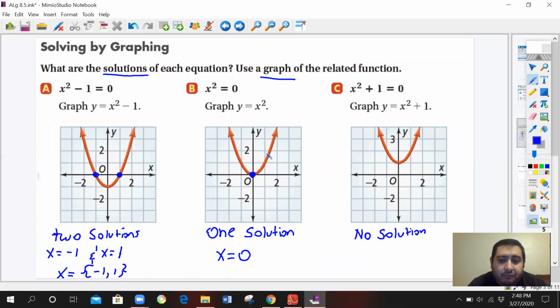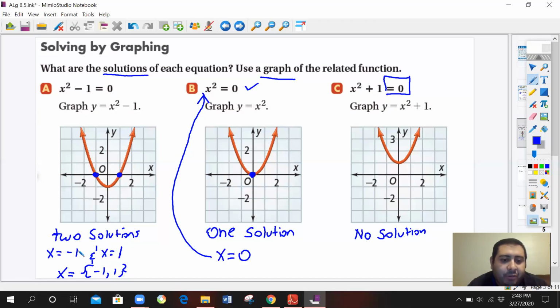So here on part C, it means that no value is going to produce a 0. Here, it means that only the value of 0, if you substitute x into this expression, is going to be true, that's going to give you a 0.